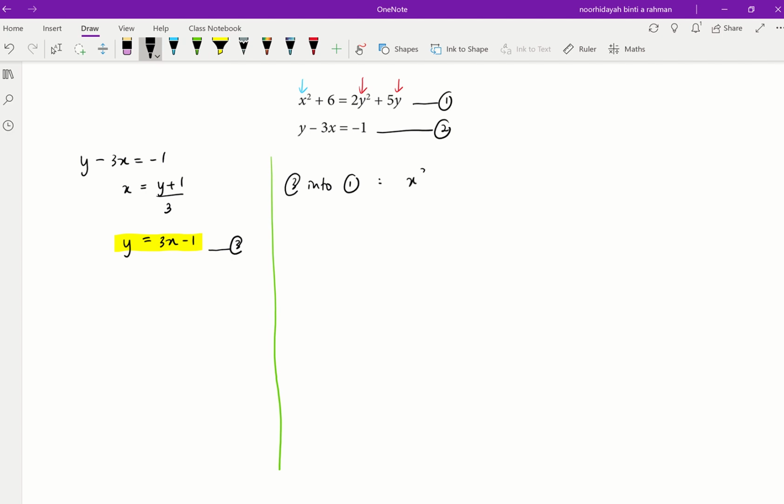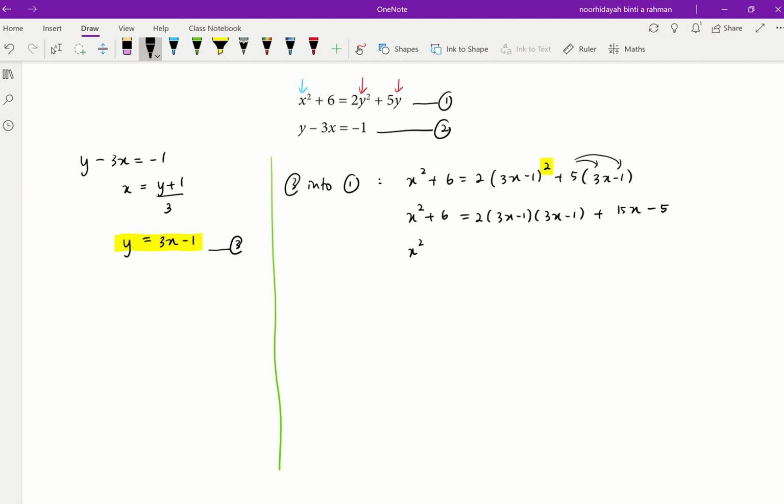So it becomes x squared plus 6 equals 2 times (3x minus 1) squared plus 5 times (3x minus 1). Since you have the power of 2, you have to expand. So x squared plus 6 equals 2 times (3x minus 1)(3x minus 1), plus, opening the bracket, 15x minus 5.